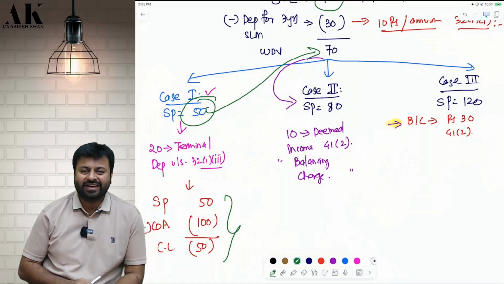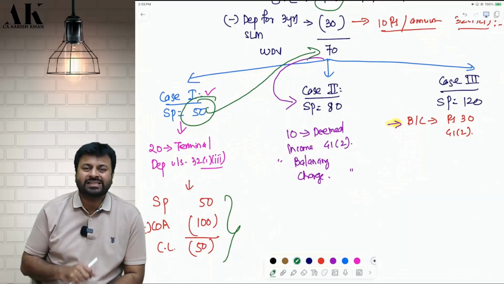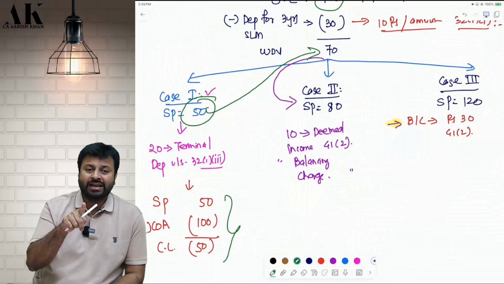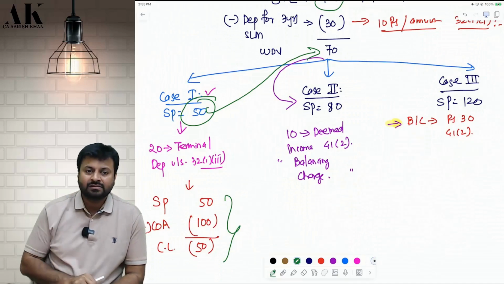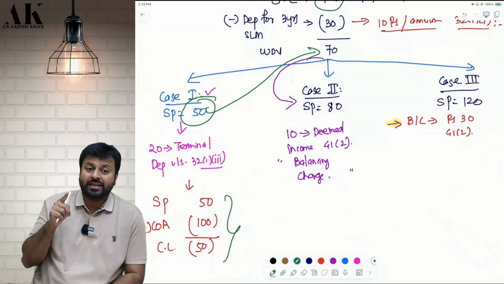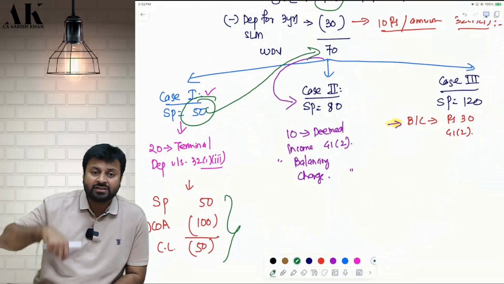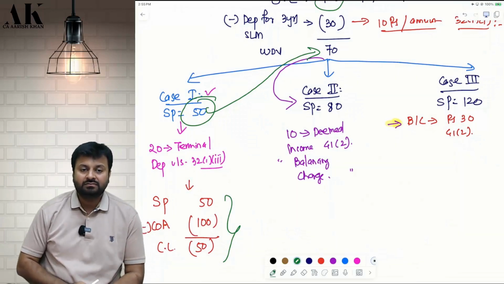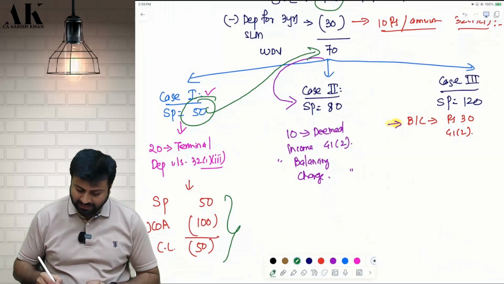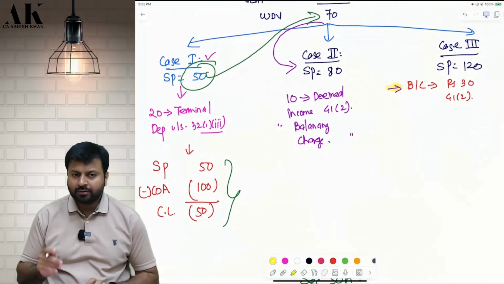You are selling asset once or twice? Only once, no? Once you are selling and you are claiming loss under two heads. Once you are claiming 50 minus 70 as terminal depreciation, and then you are claiming 50 minus 100 as what? Capital loss.